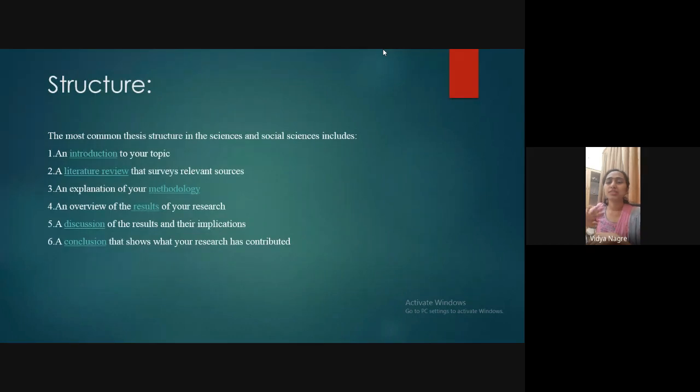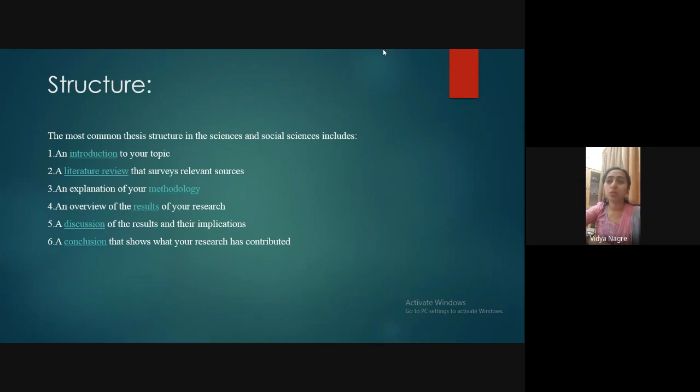This is the overall common structure of a thesis, whether written in sciences, social sciences, or humanities. These are the common parts you may find: introduction of your topic, literature review, methodology, result section, discussion, and conclusion. Usually, all these parts are divided into around 4 to 5 chapters in every kind of thesis, and it has to be systematically divided.